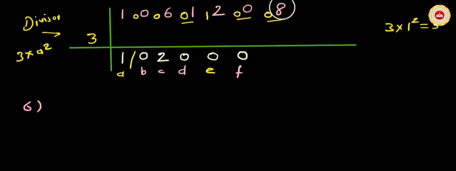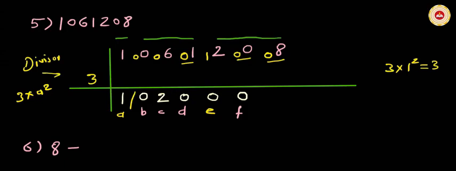Now what is the gross dividend? 8. 8 is the gross dividend. Now subtract from the gross dividend. What is to be subtracted?